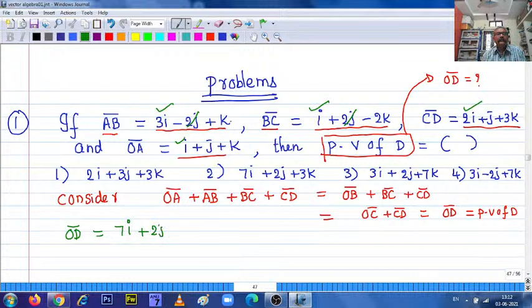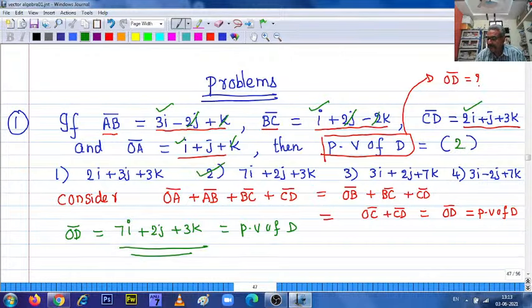Here k plus k, minus 2k cancel, we have 3k. That means the PV of D is given by 7i plus 2j plus 3k. Second option is the right option.